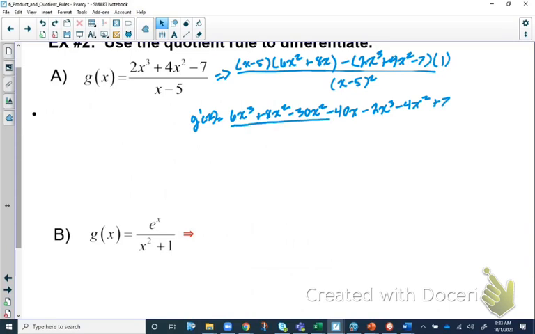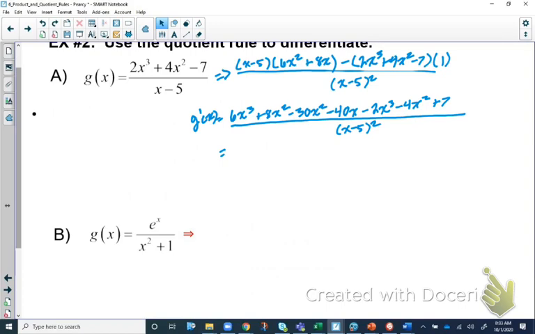And the denominator, we're going to just keep it in factored form of x minus 5. There's no reason to try and expand that. We would want to keep it factored to see maybe it would have something in the numerator that it can simplify with. But now at this point, we just want to combine any like terms that we have.